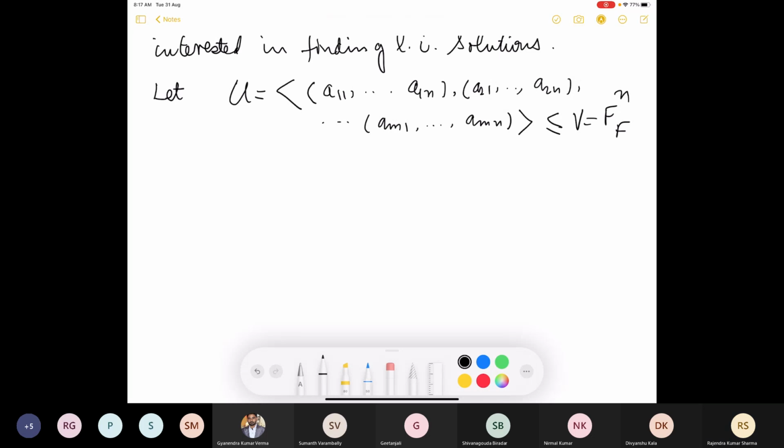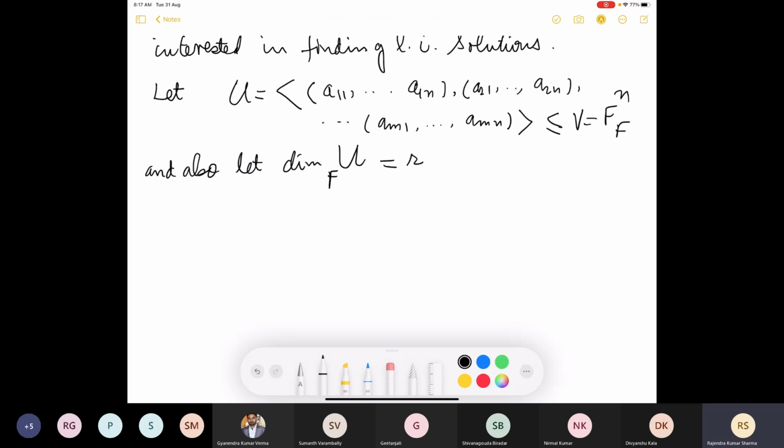Now, these all may not be linearly independent. So what we now want to see is here. Let us take the dimension of this U over F, let us say r.